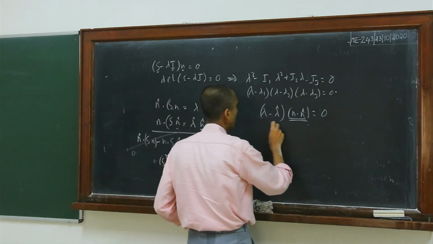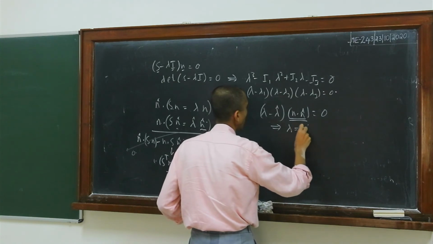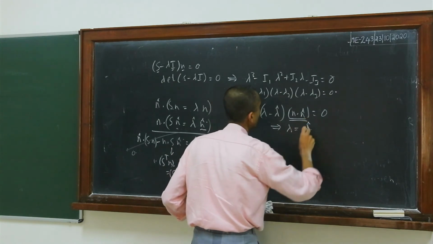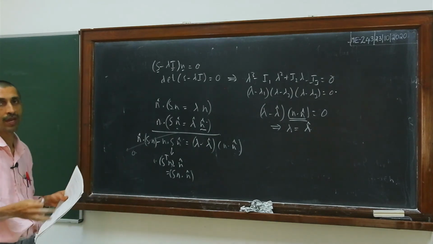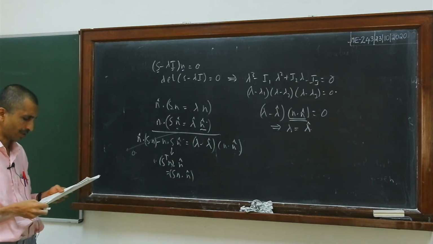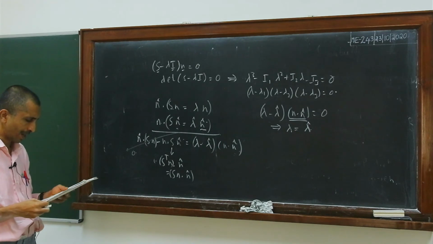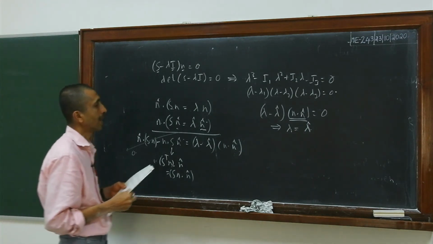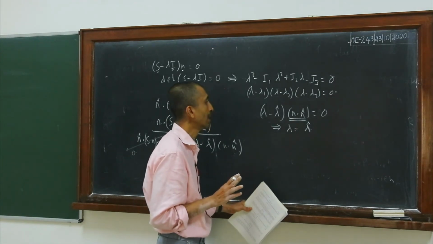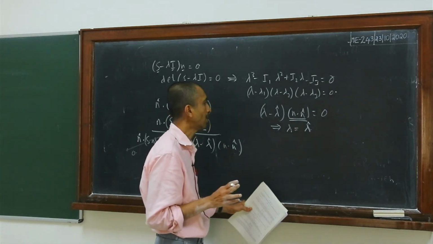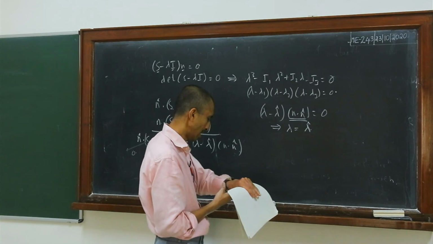So this will imply that lambda is equal to lambda hat. So that means the imaginary part is 0 and you have real eigenvalues here. Right, and so now we know that the eigenvalues and the corresponding eigenvectors are all real. Correct? Now let us go into each of these individual cases here.